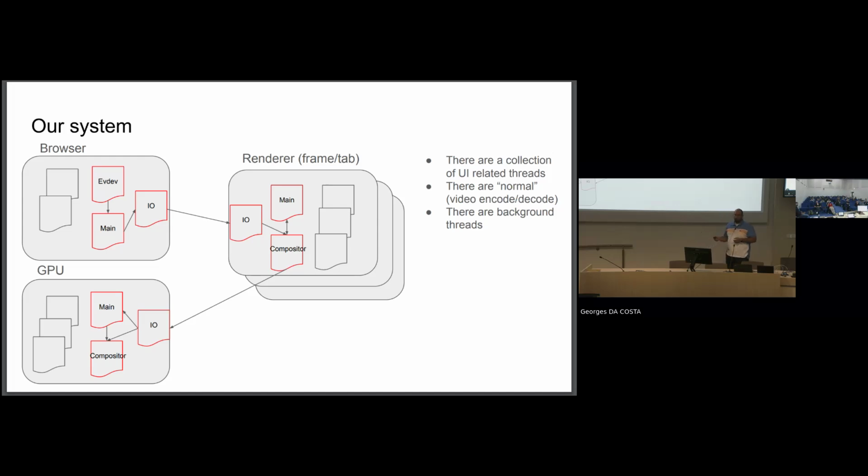Now, the key things from this slide is that there are a few very important UI-based threads, and any delay in those threads will cause a delay in either the UI, like dropped frames, or a delay in handling the input. The other thing is we do have a few normal threads that might handle video encode and decode, for example, and we do have background threads in these processes, so they're not all equal.